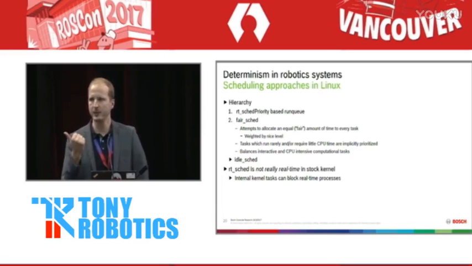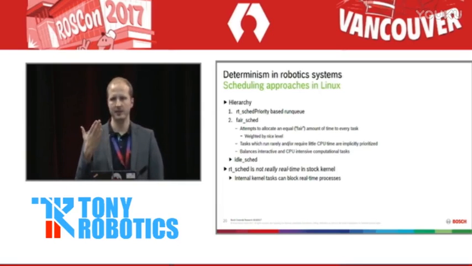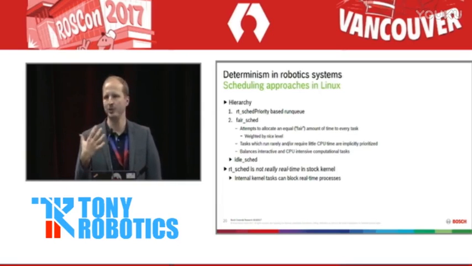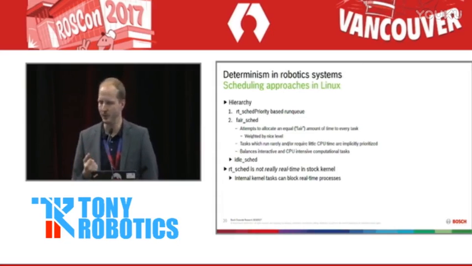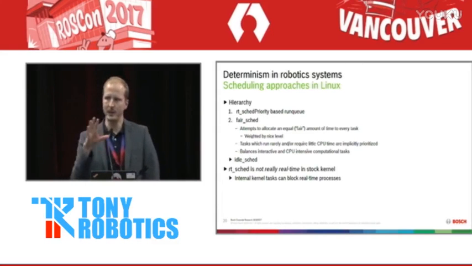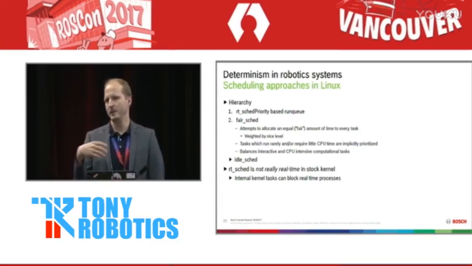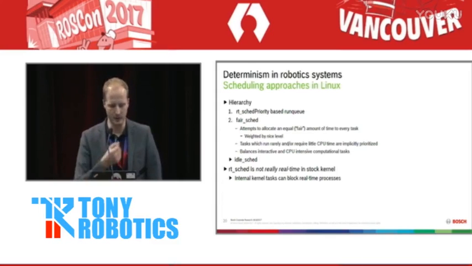But that's only used if you take explicit measures. The one that's used by default is the fair scheduler. And the fair scheduler doesn't have any notion of importance. It doesn't know that your motor controller drive control loop is more important, for example, than your symbolic planner or something like that. What it does, it tries to allocate fair amounts of processing time to all the processes.